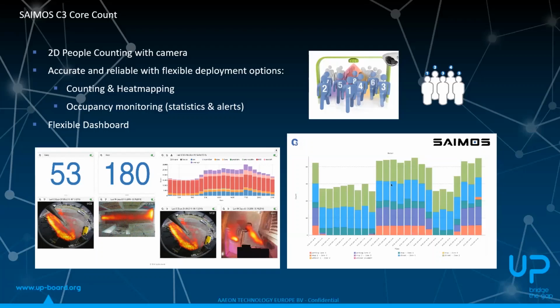We have a fully flexible dashboard in the solution that enables you to have very nice live statistics and also live occupancy, and you can download all the results that you want. We also have a very nice reporting engine built in that can give you automatic results on your hard drive or via email. For example, every Monday you could get the count results or occupancy results from the last week via email or on a hard drive.